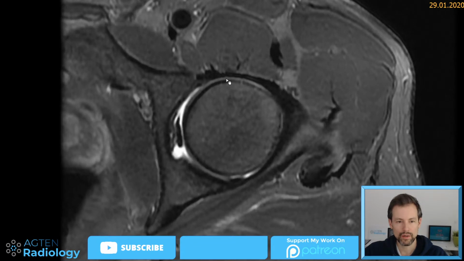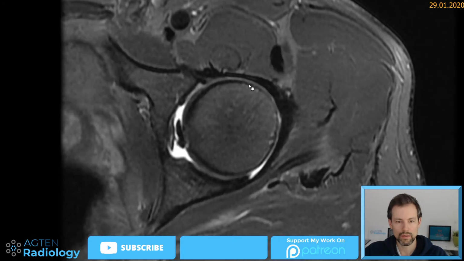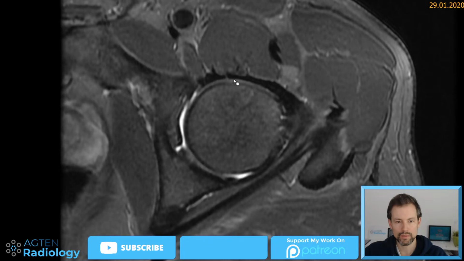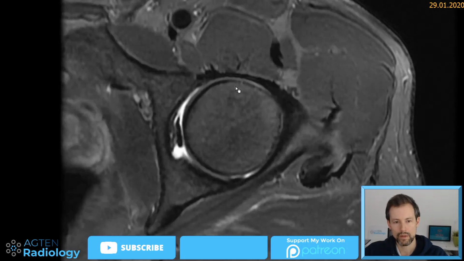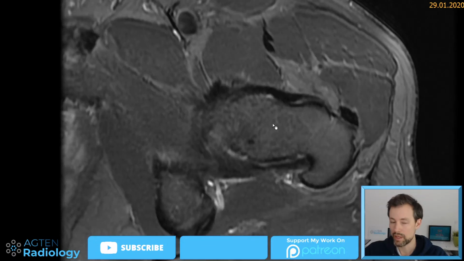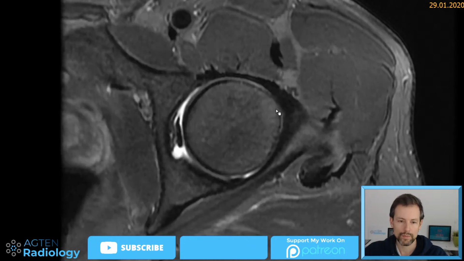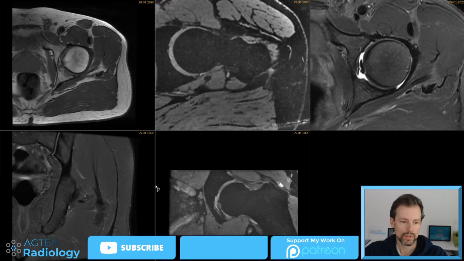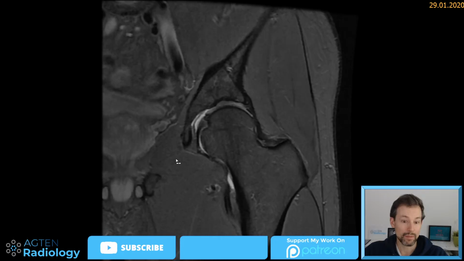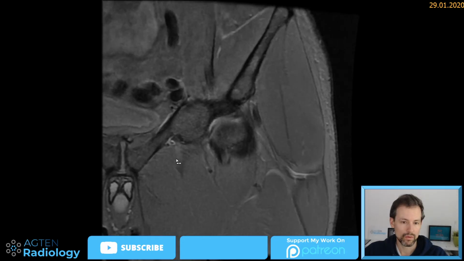The cartilage of the femoral head, and then at the level of the head-neck junction where it gets thinner and thinner, is quite okay. We don't see bone marrow edema, we don't see any herniation pit at the level of the cam deformity. So this is probably something that we are not able to see here.